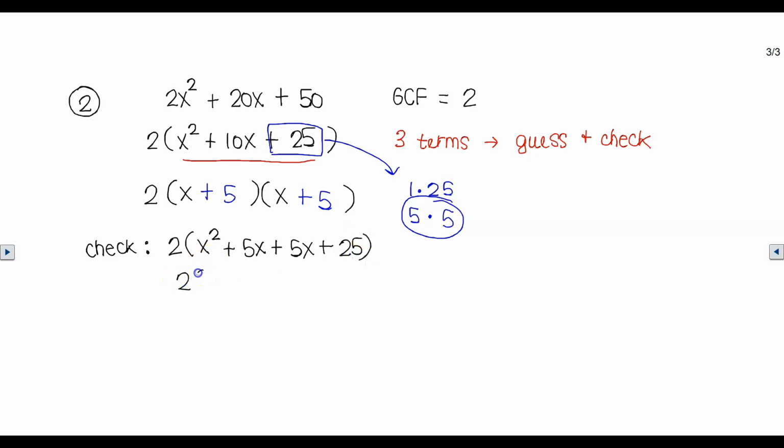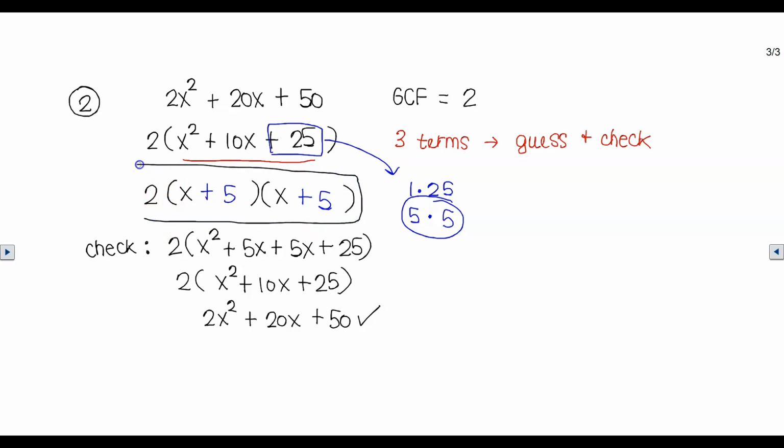Combine my like terms will give me 2 times x squared plus 10x plus 25, and then I'll distribute my 2. So 2 times x squared is 2x squared, 2 times 10x is 20x, and 2 times 25 is 50, which is exactly what I wanted.